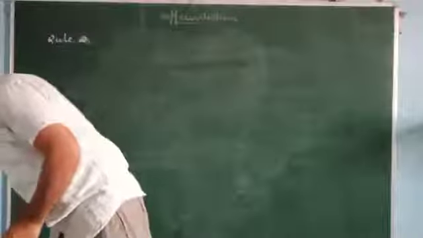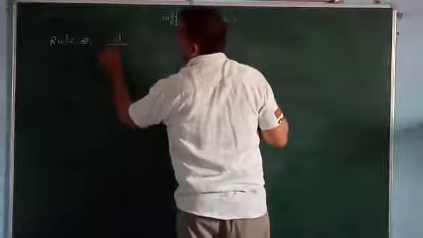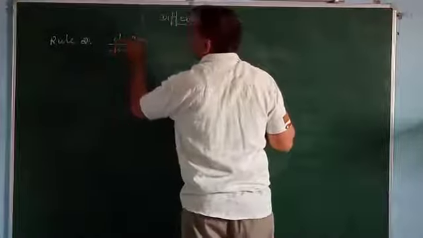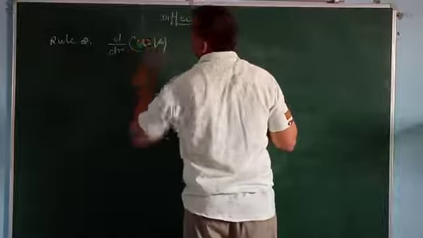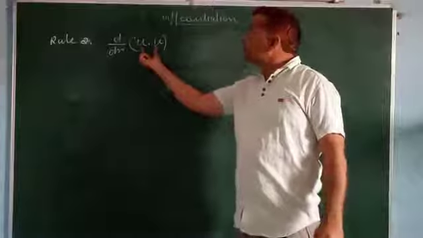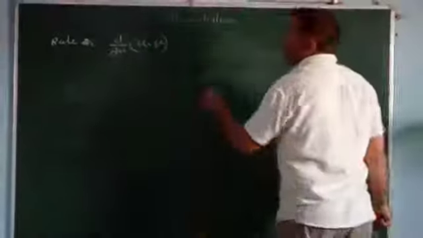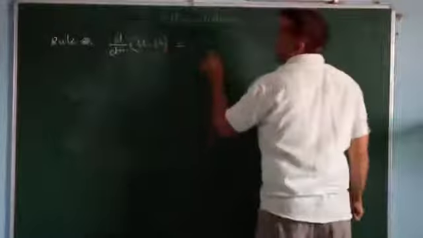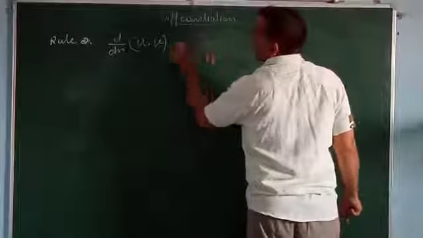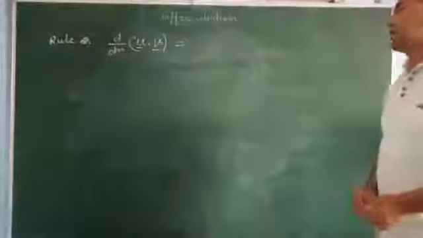In the second rule, when two functions are in product form, that is, you can say dy dx of u into v. Here two functions are in product form. The derivative of this type will be: this is the first function and this is the second function.